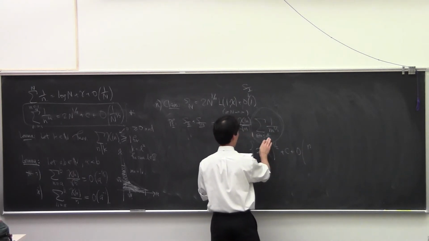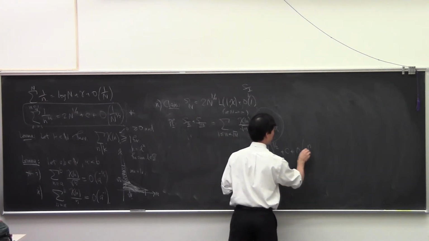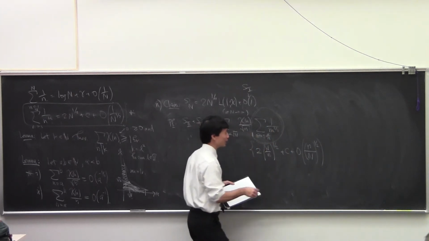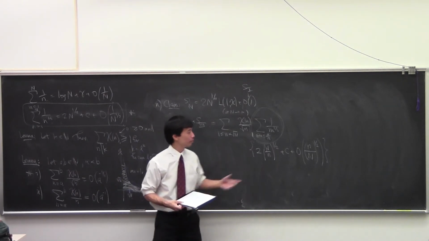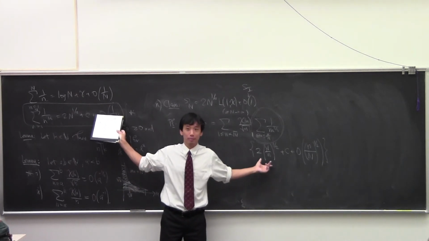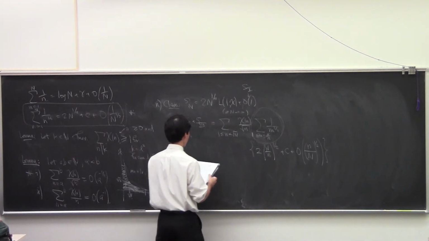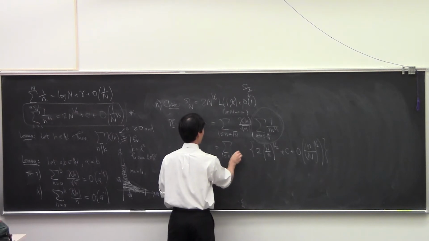What am I writing? This should be an n. It's N over n, capital N to the half. Right? And just by this, we get the summation from 1 to n.